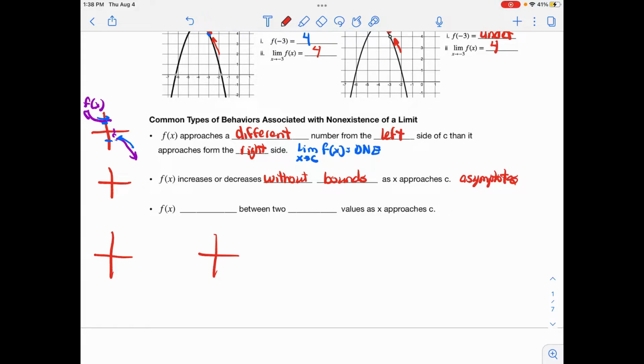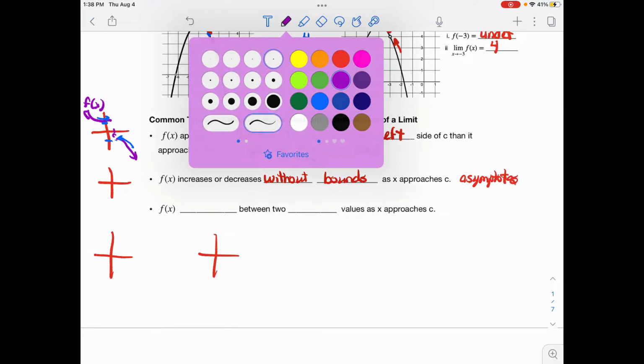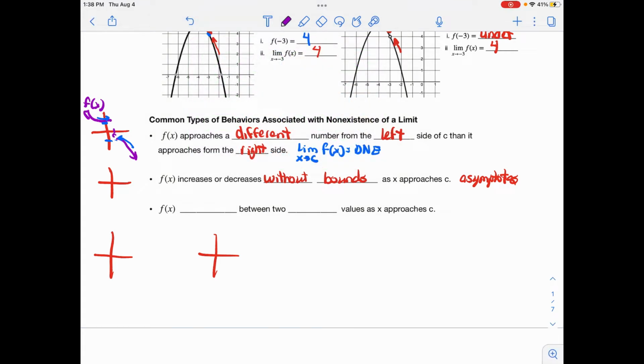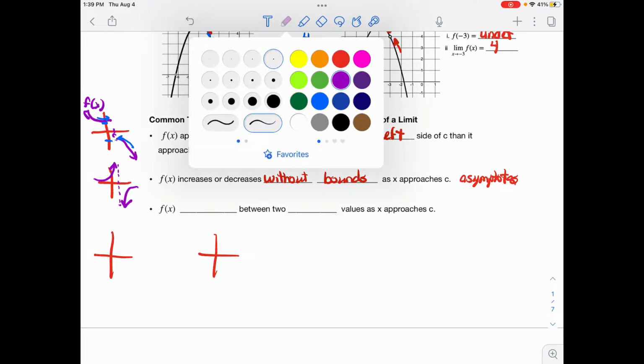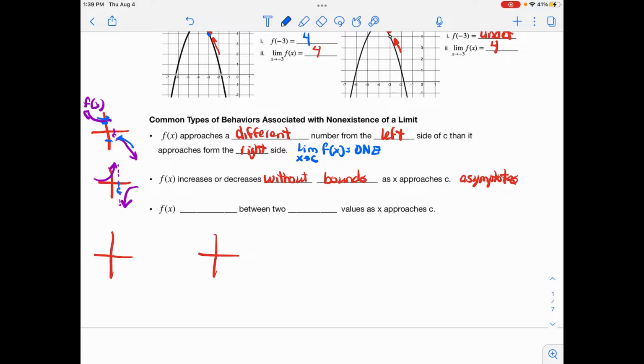Okay, so what this would look like graphically is, let's say, here's our c value, and we have a function going like this, and another function going like this, as we're getting closer and closer to this c value. And this is c. As I'm going to the left of c, it's approaching infinity.